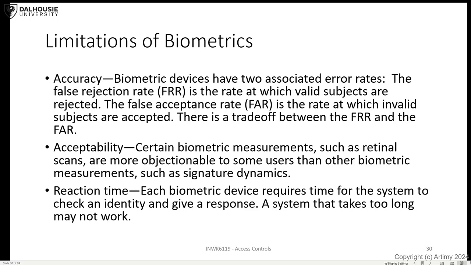They may mix two fingerprints together and authenticate the wrong person, or reject the right person. So every system has a false rejection rate, which is the rate at which valid subjects are rejected even though they are the actual person, or a false acceptance rate, where they accept the person even though they are the wrong one, right?